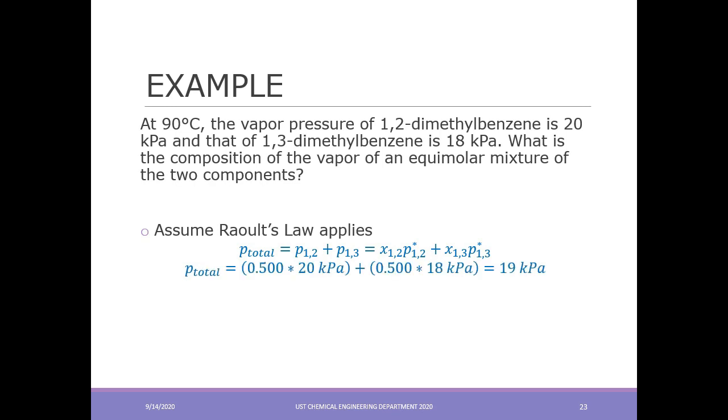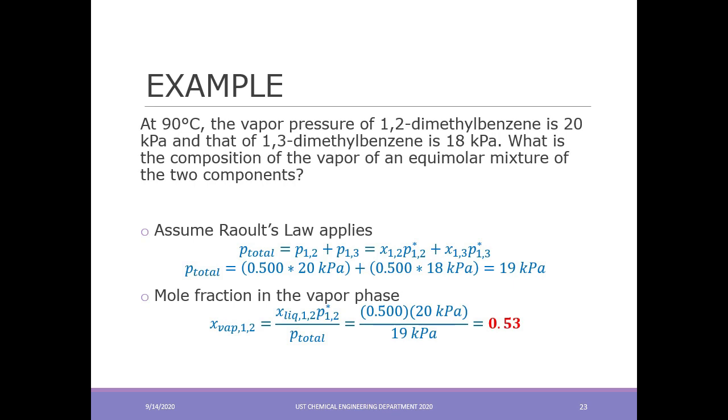Substituting known values, we calculate the total vapor pressure as 19 kilopascals. To get the mole fraction in the vapor phase, we divide the partial vapor pressure of a component by the total vapor pressure. For 1,2-dimethylbenzene, the calculated mole fraction is 0.53, while for 1,3-dimethylbenzene, it is 0.47.